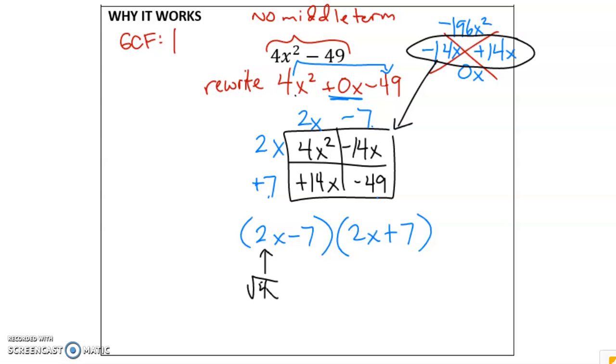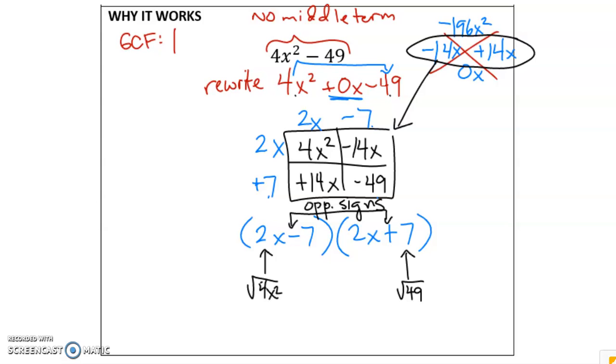The square root of 4x squared is 2x. 7 is the square root of 49, my constant. I have two factors with opposite signs, and that is the pattern when you have the difference of two squares, where we're subtracting two squares.